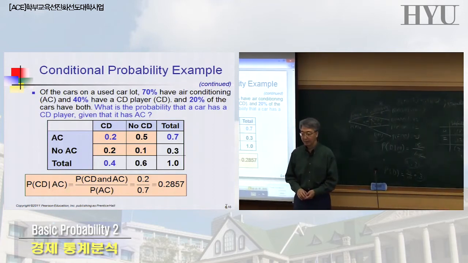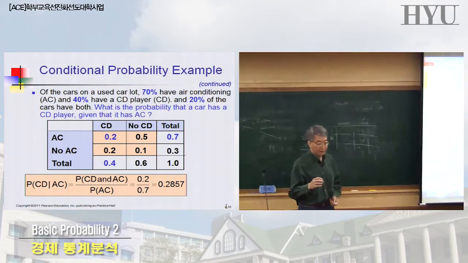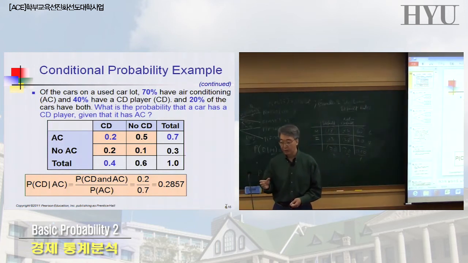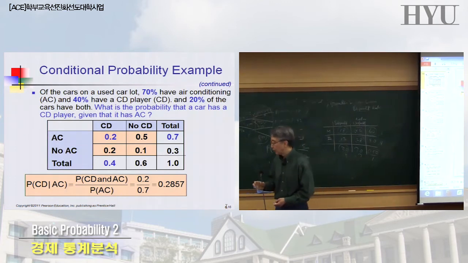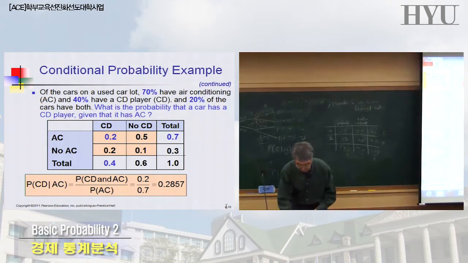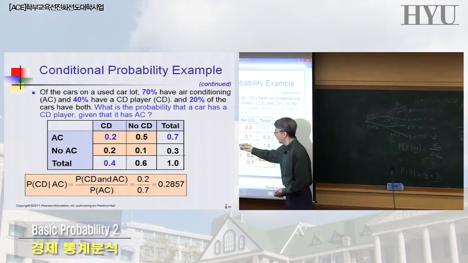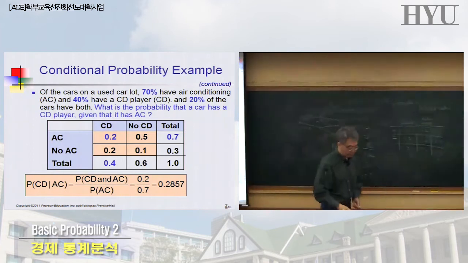Then you will find out they are not. The event that you find a CD in a car is not independent from the event that you find an AC in the car. Then you cannot simply multiply like this and find the joint probability.